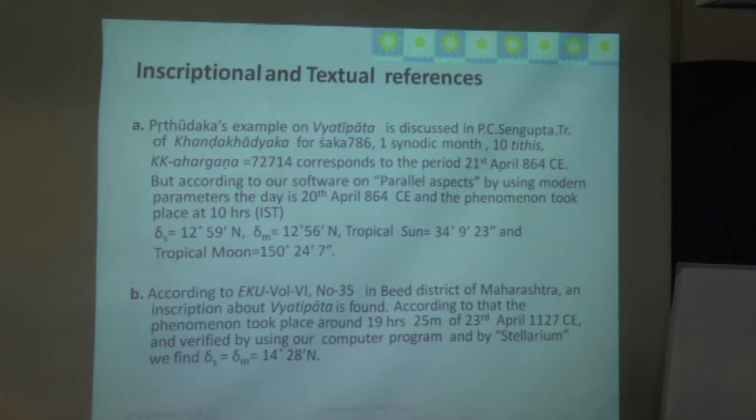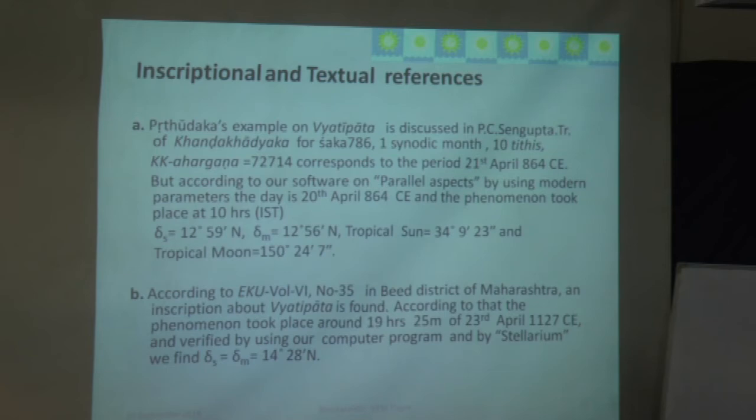The first approximation for the Pata is that the sum of the true longitudes of the sun and the moon should be either 180 or 360 degrees. But later we keep iterating to find the declination of the sun and the moon, since our purpose is to find the equal declinations. So here the sum of these two need not be 180 or 360.